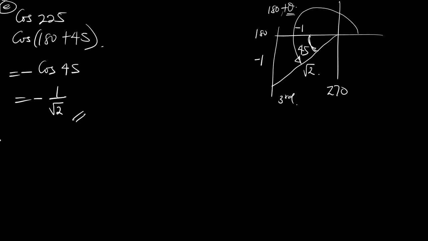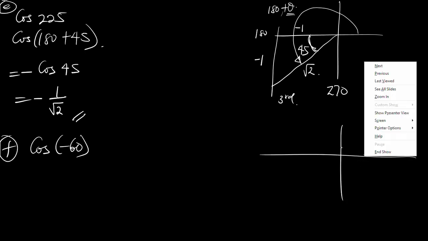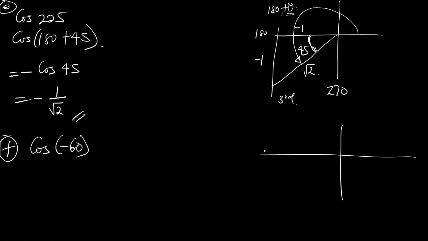Then you have the next one, which is F. F is cos minus 60. Now, you know, counterclockwise is positive. So if you go clockwise, it's negative.